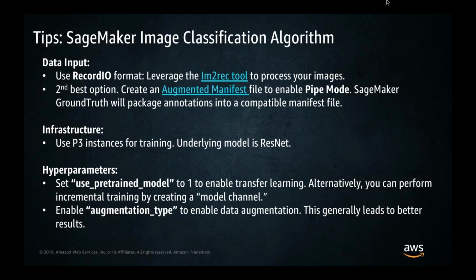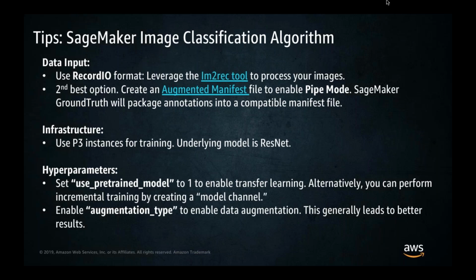There's a script called im2rec that you should use to assist with the processing. Now, if you don't want to bother with the effort, the next best thing to do is to at least create an augmented manifest, which describes the location of your data set within S3. Ultimately, this file will allow you to train SageMaker in pipe mode.